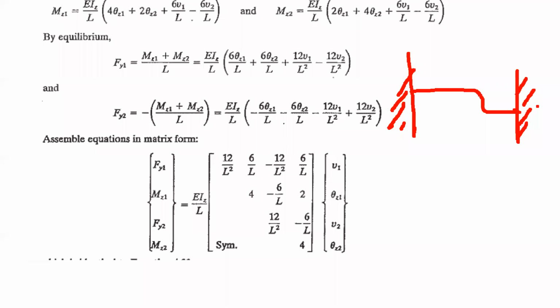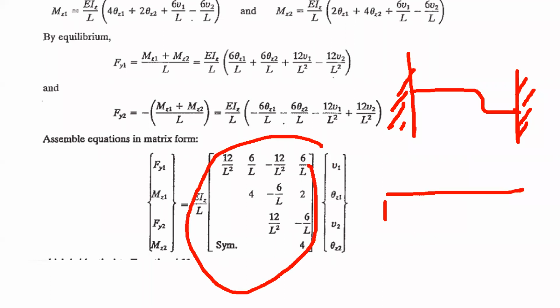But if you neglect axial, it becomes two unknowns. So in this stiffness matrix, we assume the degrees of freedom of a beam is only 4. That's why it's 4 by 4. That means you have vertical deflection and rotation on both ends.